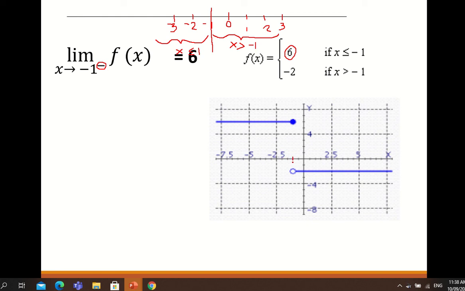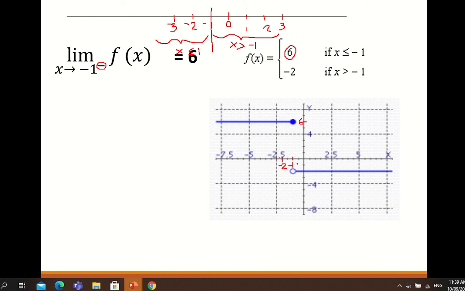This is -1, and then this is -2, and then you have -2.5, and so on and so forth. So when x equals -1, we just extend the line vertically, and we have 6. At this point, this is 4, 5, so this is 6.